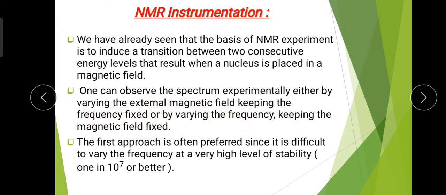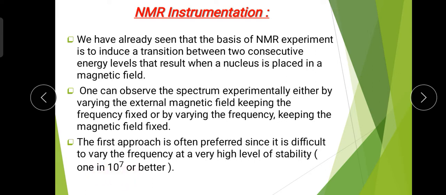This approach is generally preferred, because if we vary the frequency and keep the magnetic field constant, it is difficult to vary the frequency at a very high level of stability. If we vary the frequency in increasing order, there is a disturbance in the stability of that frequency, 1 in 10 to the power 7 or better.